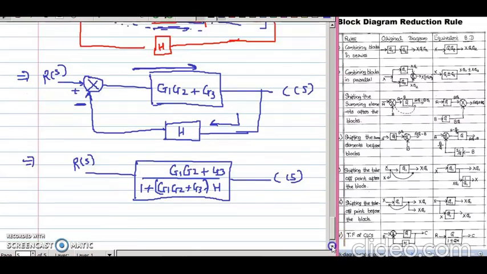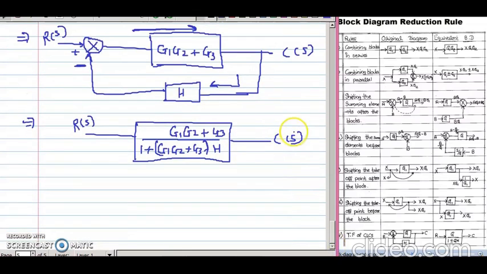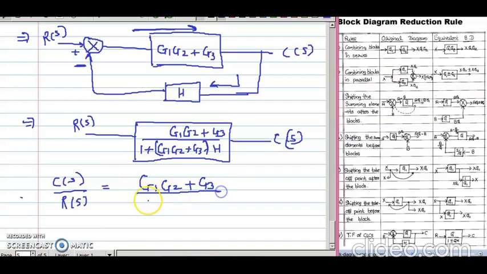Okay, so what is C of S upon R of S? C of S upon R of S is equal to G1 G2 plus G3 divided by 1 plus G1 G2 plus G3, into H. This is the transfer function, the ratio of output upon input.